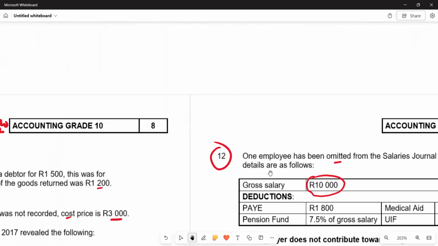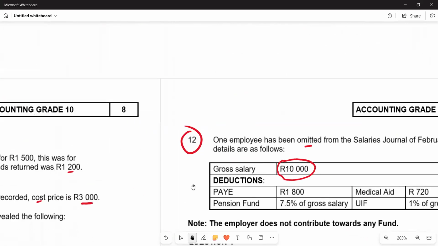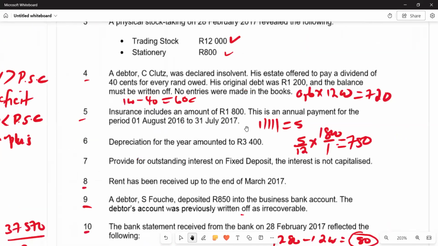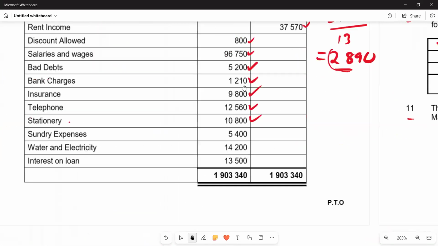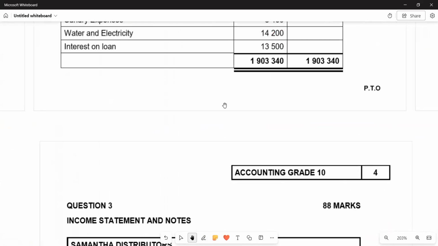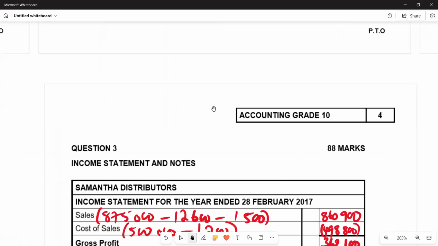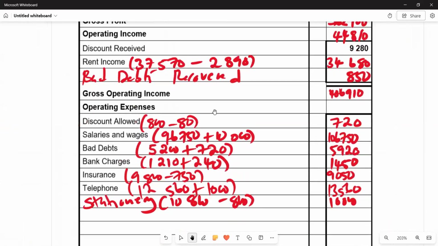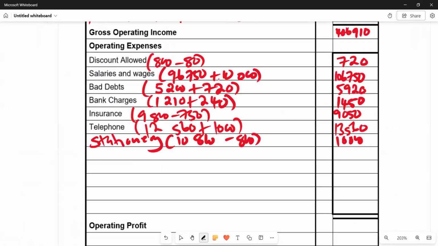Here on number 12 is the last additional information. You see there's nothing. So if there's nothing, you take the figure that you are given in the trial balance as it is, and the figure we have in the trial balance is 5,400. So we are taking it as it is, 5,400. So we are saying sundry expenses.